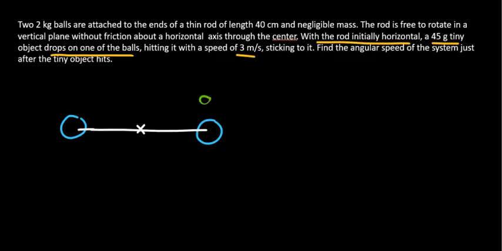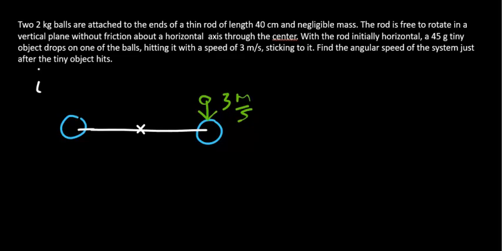So assume that that's the tiny object and it's hitting the right-hand side ball with a speed of 3 meters per second. After the impact, the tiny ball sticks to that ball. Find the angular speed of the system just after the tiny object hits. So what you have here is the initial state.